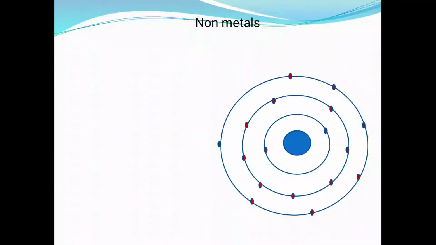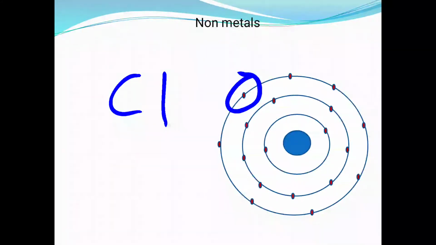So in non-metals we know that elements accept electrons. Like in the case of chlorine, it has to accept one electron to complete its octet, right? After accepting the electron, the chlorine atom becomes a chloride ion because one negative electron it has accepted. So one negative charge it has more than the positive protons inside the nucleus, right?